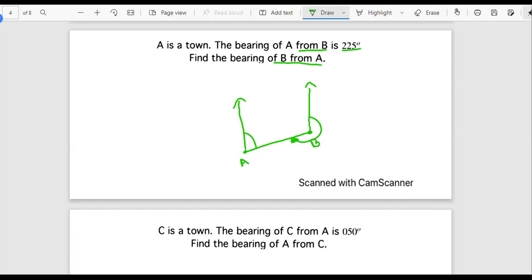So what is the bearing? Yes. What is the bearing? 045.